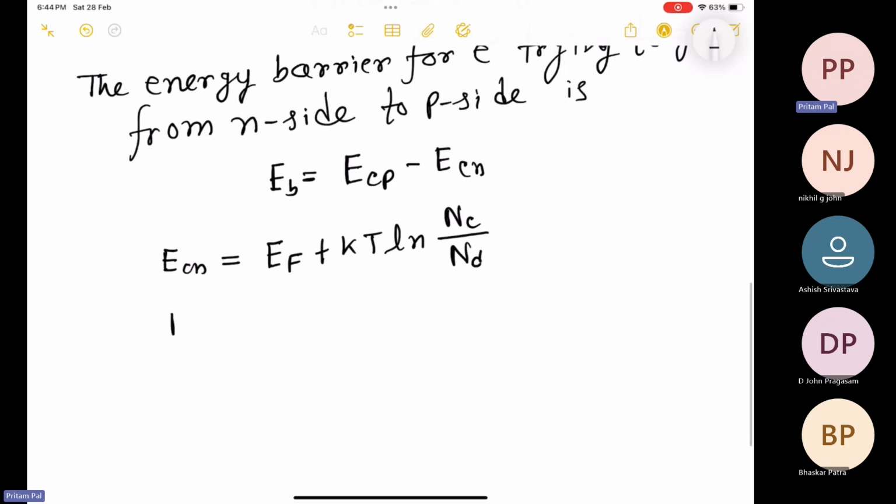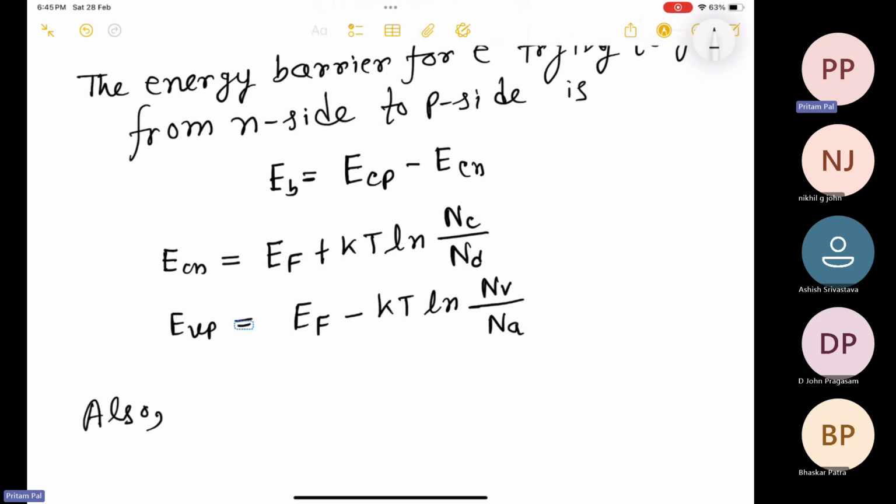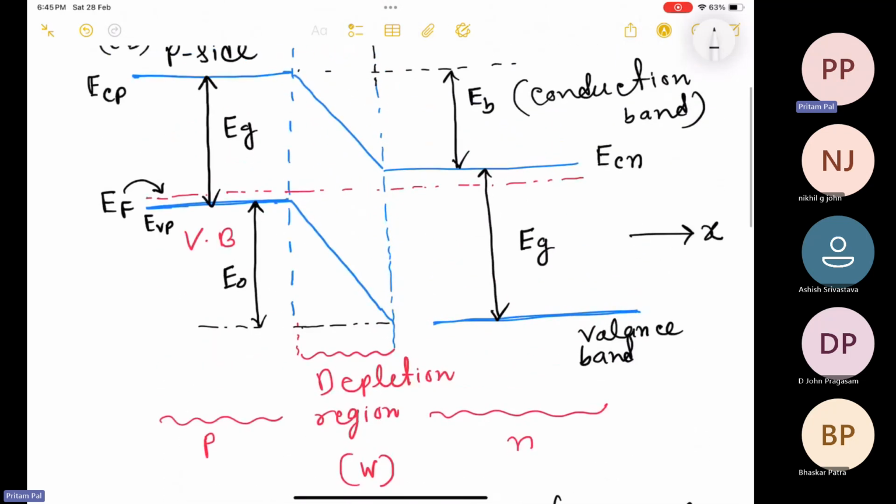For EVP it will be EF minus KT log NV by NA. You can also easily see this from the schematic.